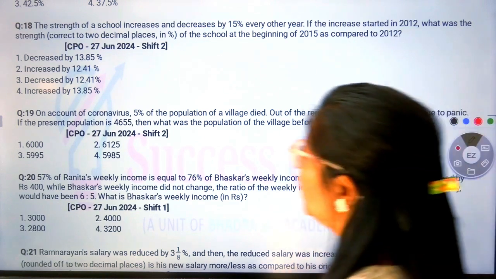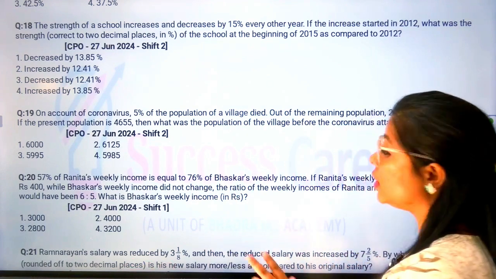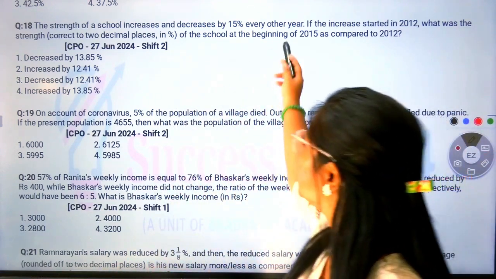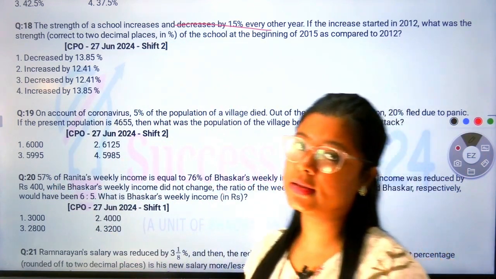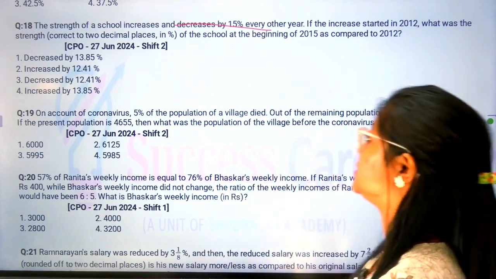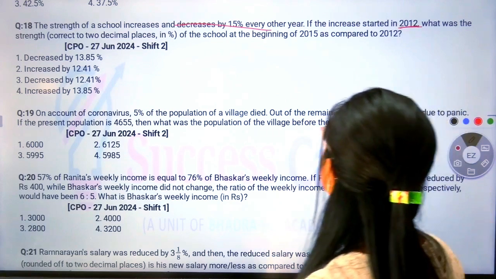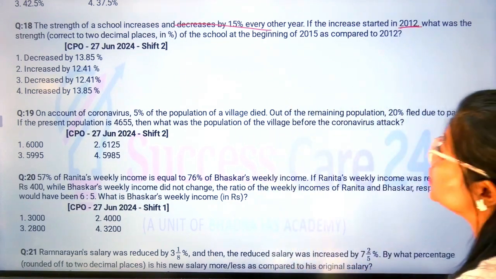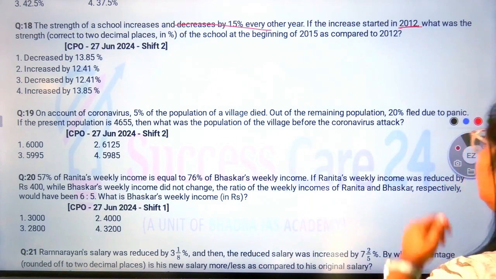So the strength of the school increases and decreases: in the first year it will increase and the next year it will decrease. The meaning of this sentence is, first it will increase by 15% and next it will decrease by 15%.